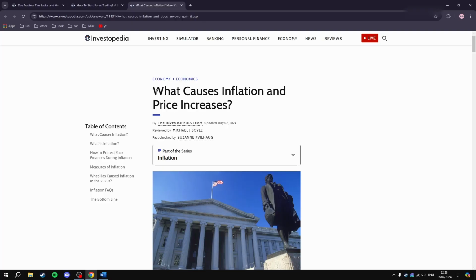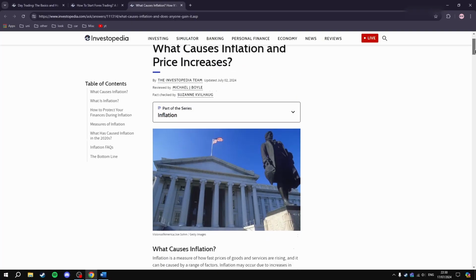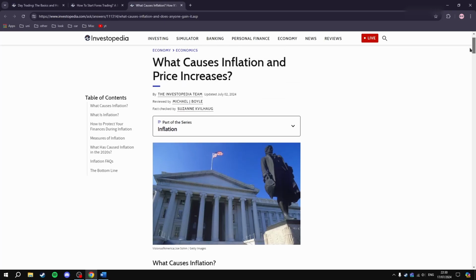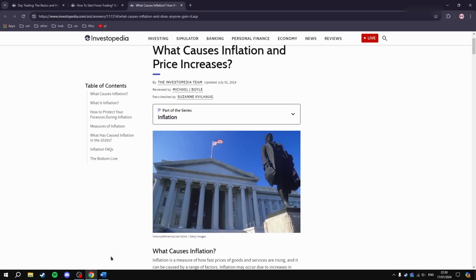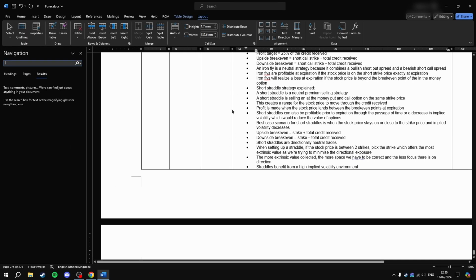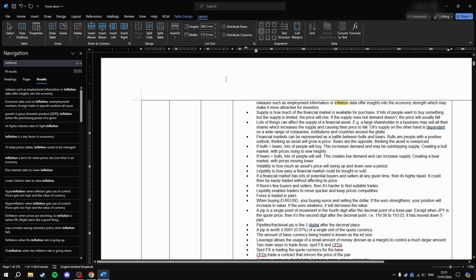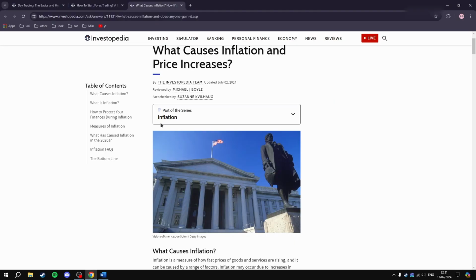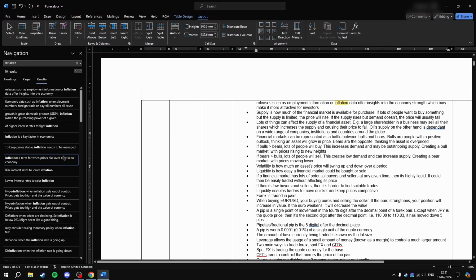So first one, what causes inflation and price increase? I think this was when I was reading up about inflation in one of the last previous Forex lessons, and how it would affect currency prices and stuff like that.